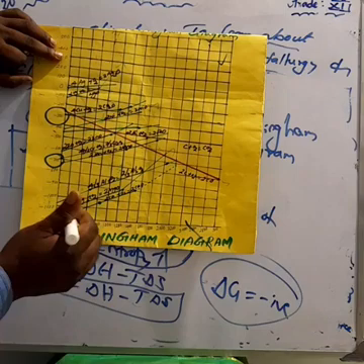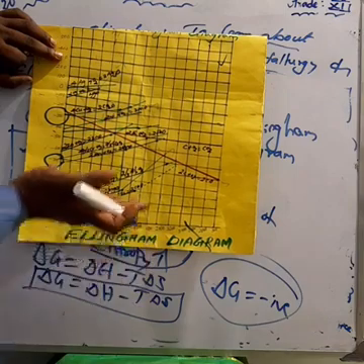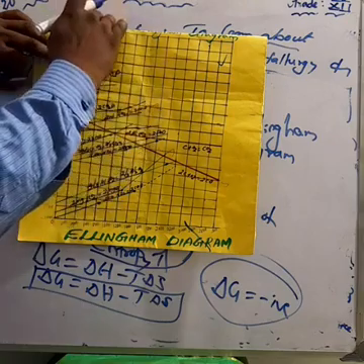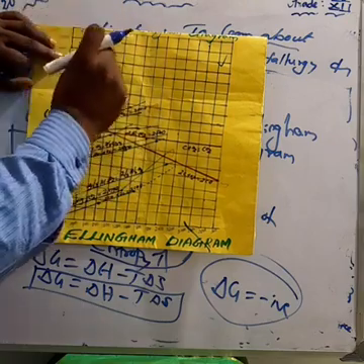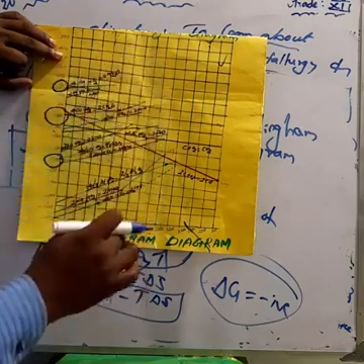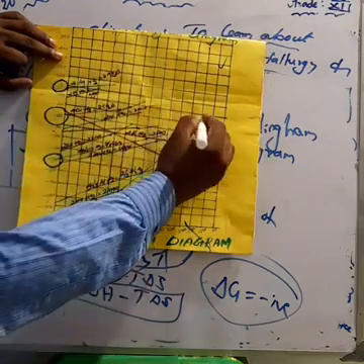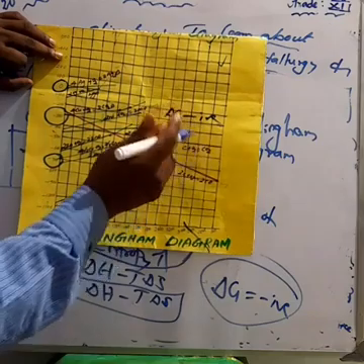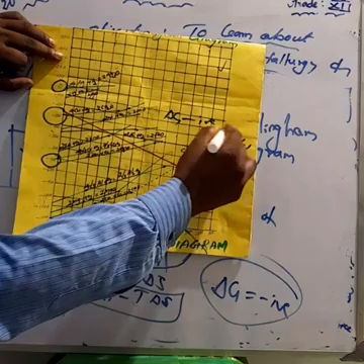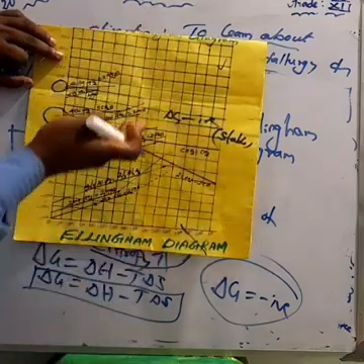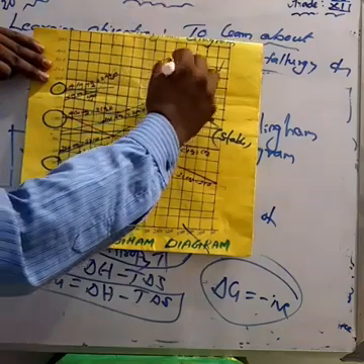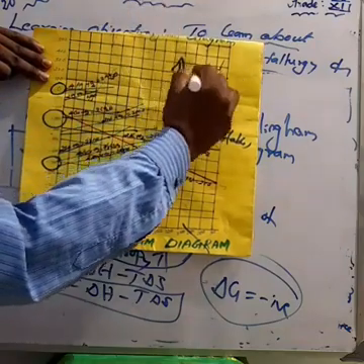Below the temperature, delta G is negative and the oxide is stable, and above the temperature, delta G becomes positive.